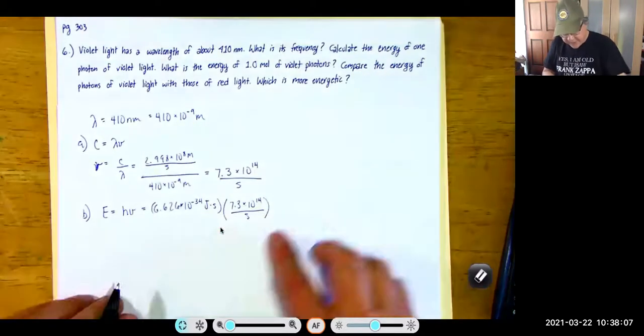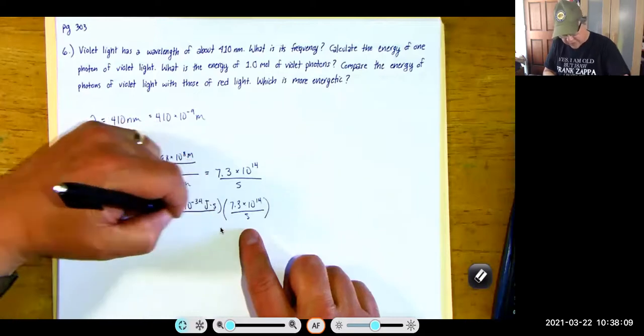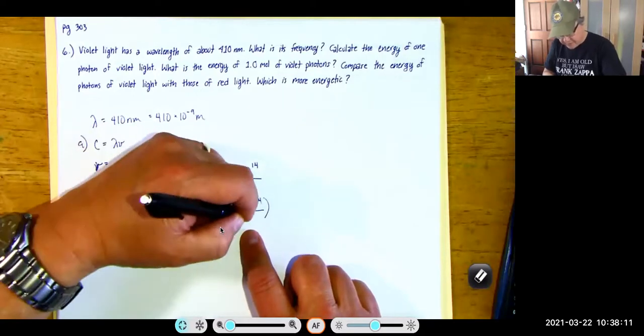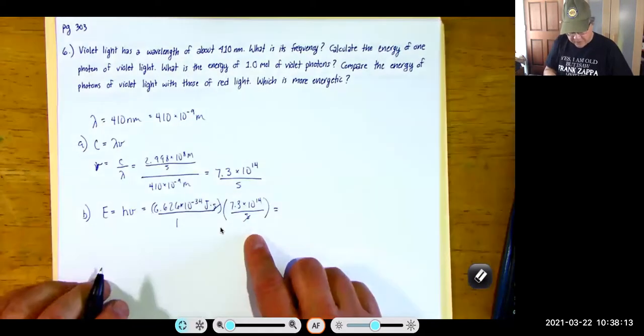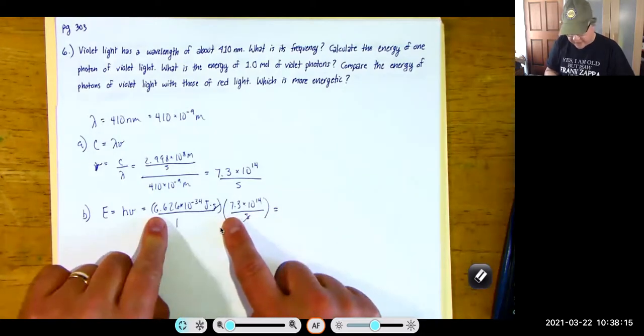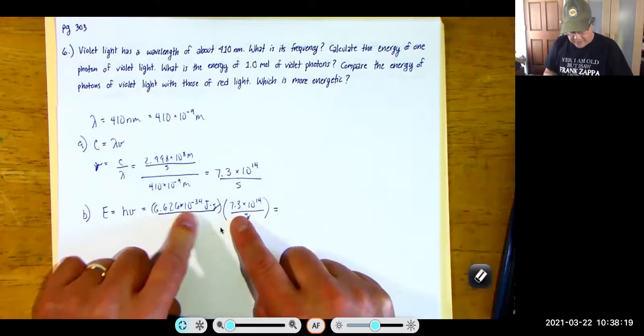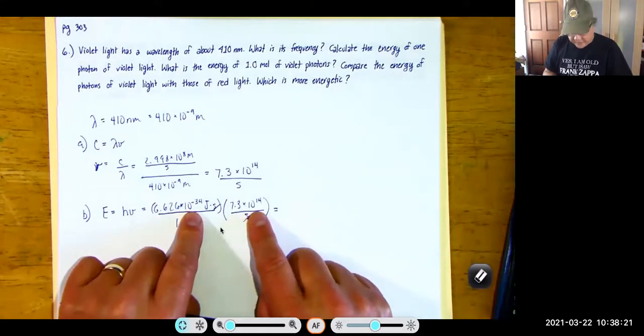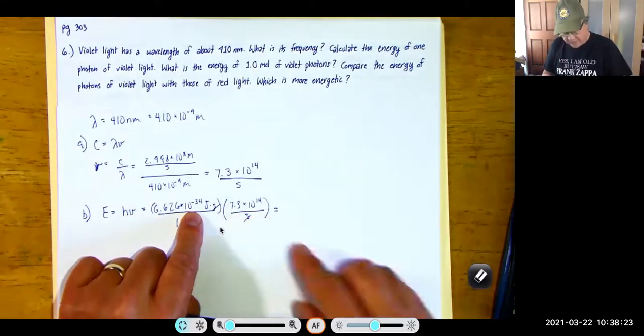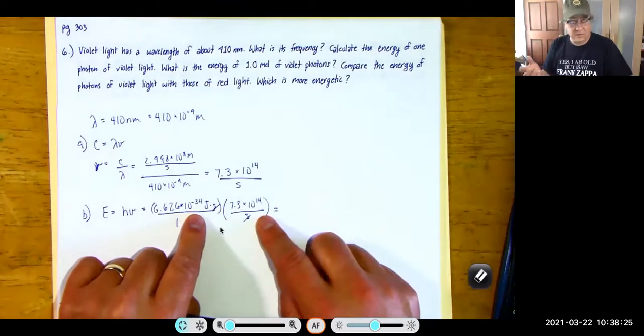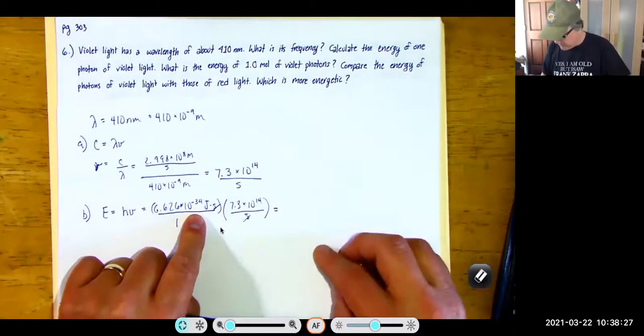And here we can see that if we put this over 1, it's really easy to see that the seconds cancel. And when we multiply these, you can see that 6.6 times 7 is going to be like 50. And negative 34 plus 14 is going to be like negative 20. So we're going to have like 50 or 5 times 10 to the negative 19, I think.